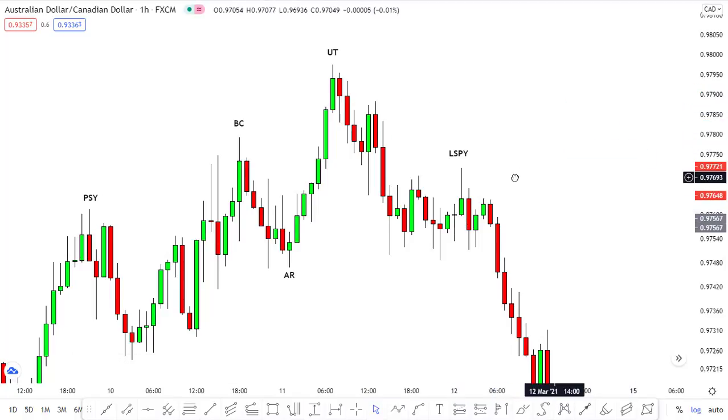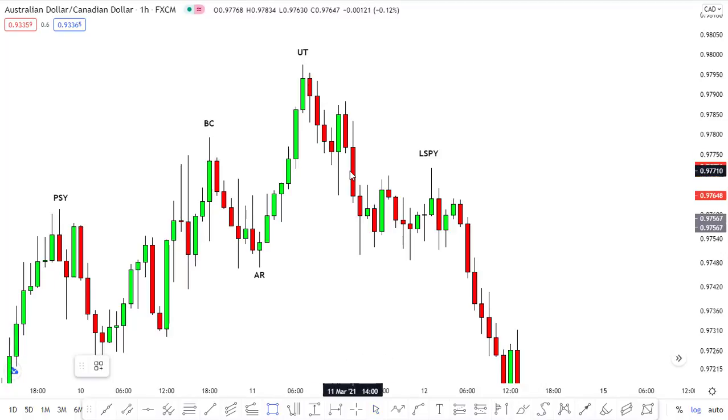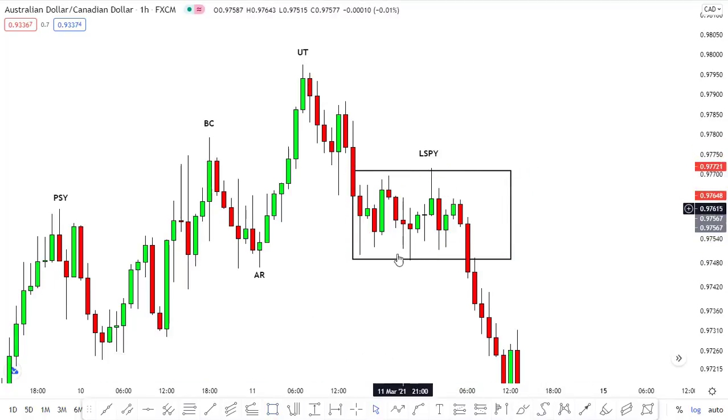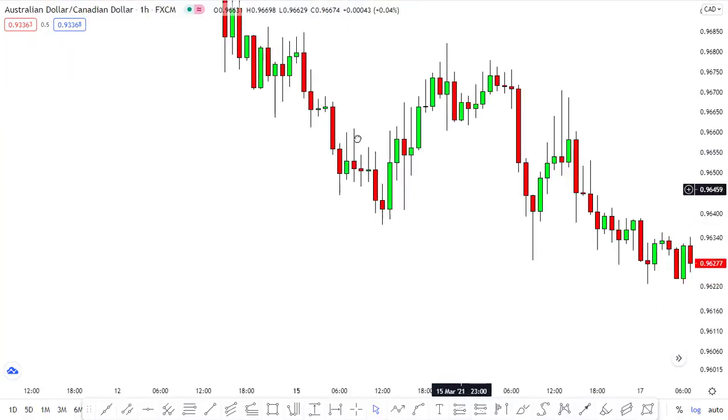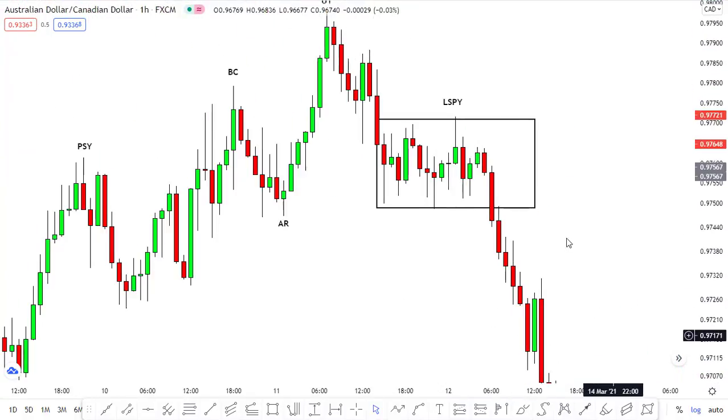The last point of supply is where the last try to keep the trend bullish comes into the market, but buyers fail to keep the trend bullish, and after that price drops so strongly to the downside and starts a new bearish trend.